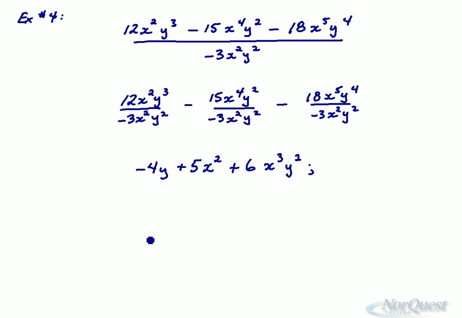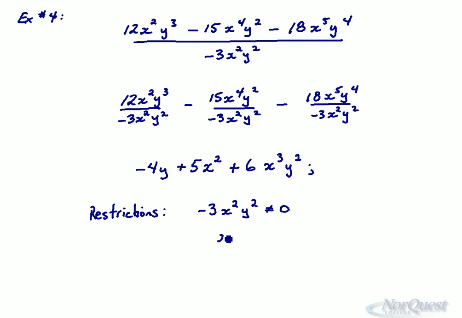Again, we need to state our restrictions. Now this one might look a little bit weird, but our restrictions again are our denominator cannot be equal to 0. So we're going to apply a little bit of logic to this. Because this is a monomial, if x was 0 in this case, that whole expression would be 0.